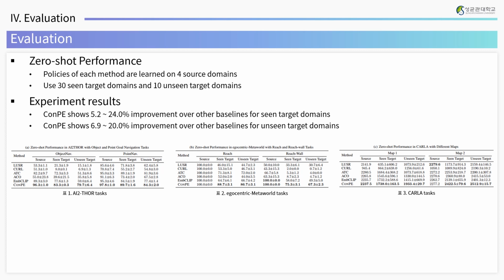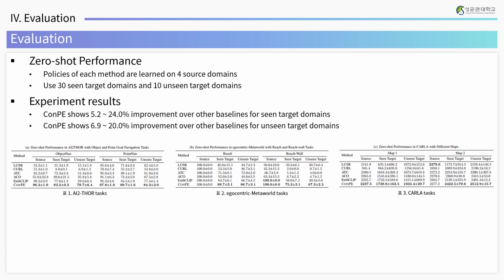The seen target domains are those encountered during the phase of prompt-based contrastive learning, while these domains are not present during the phase of prompt ensemble-based policy learning. On the other hand, the unseen target domains refer to those that are entirely new, implying that they are not encountered during either learning phase.